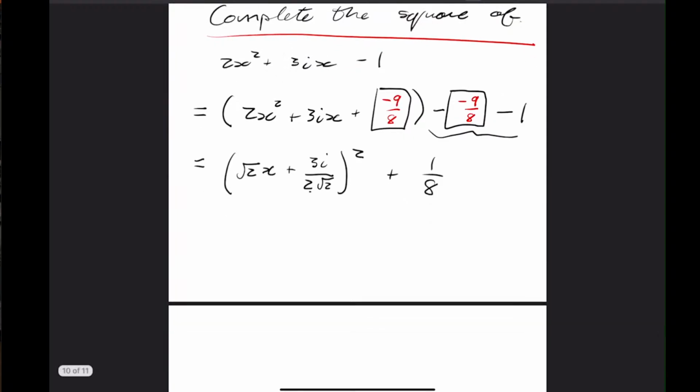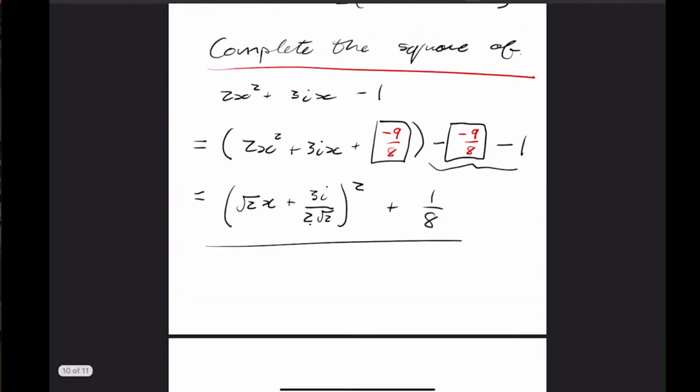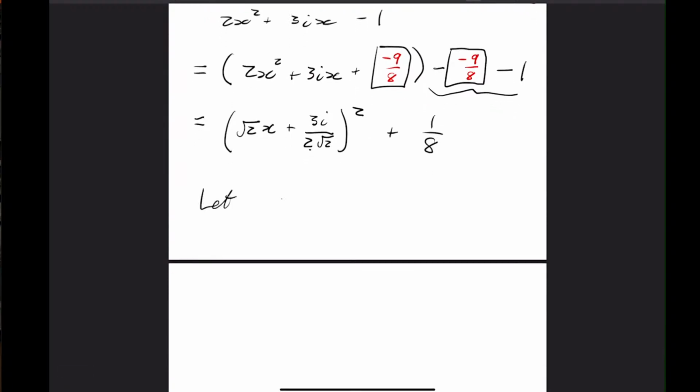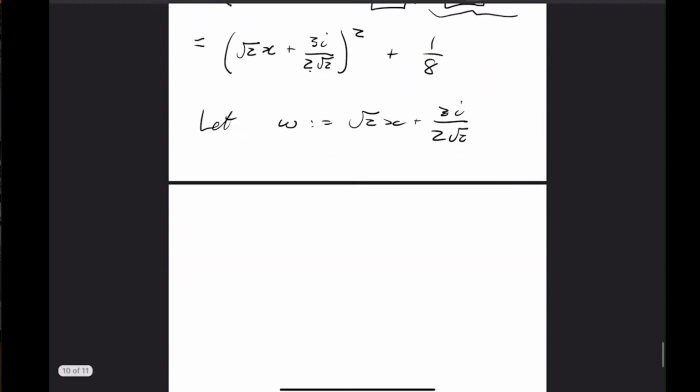Okay, so let us continue. We're looking for the solutions to when this is equal to 0. So let us introduce an auxiliary variable. Let w be square root of 2x plus 3i over 2 square root of 2. Then we're looking for solutions of w squared plus 8 equal to 0.